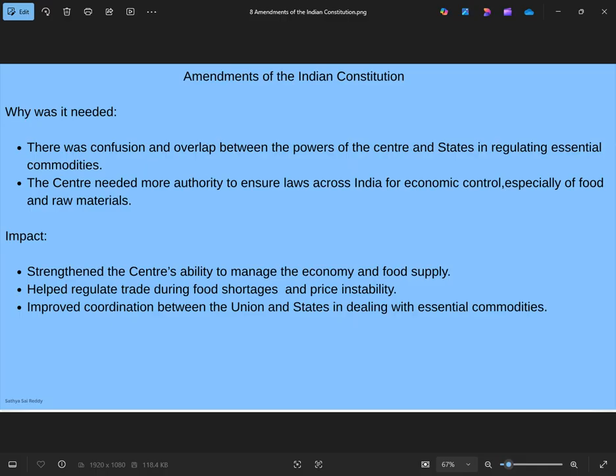Impact: strengthened the center's ability to manage the economy and food supply, helped regulate trade during food shortages and price instability, improved coordination between the Union and states in dealing with essential commodities.